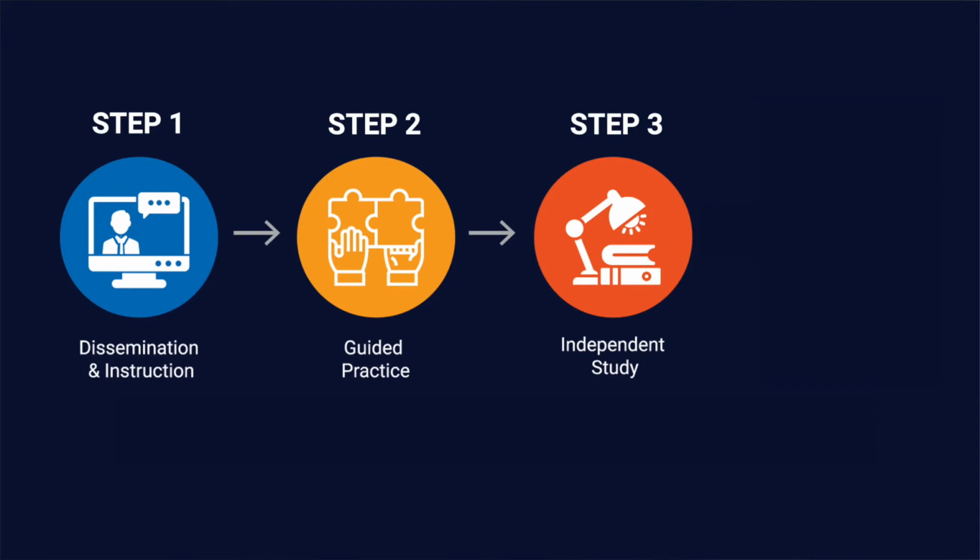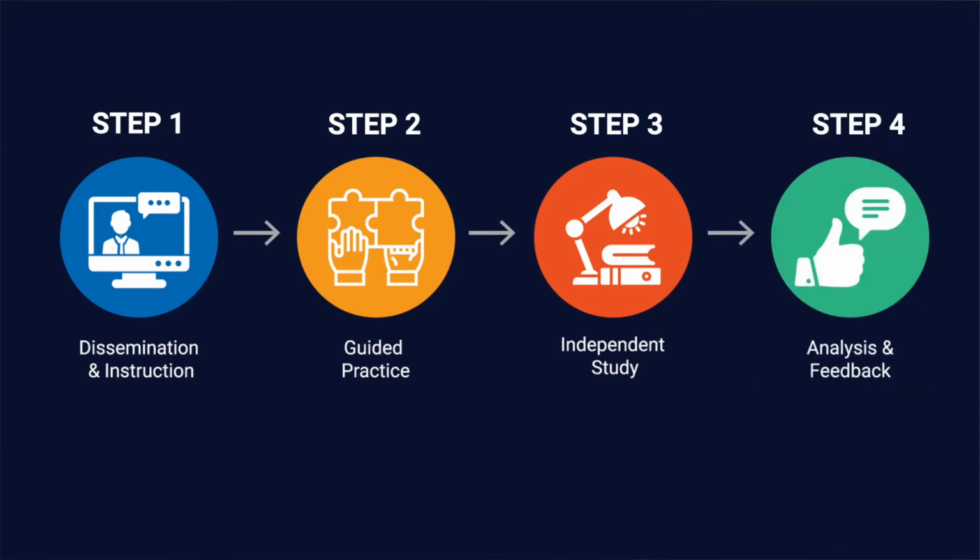Finally, we close the circuit with step 4, analysis and feedback. When we meet for the next class, we unpack and we debrief on the homework. Lots of back and forth, feedback, and conversation happens here. And this is where the learning happens.